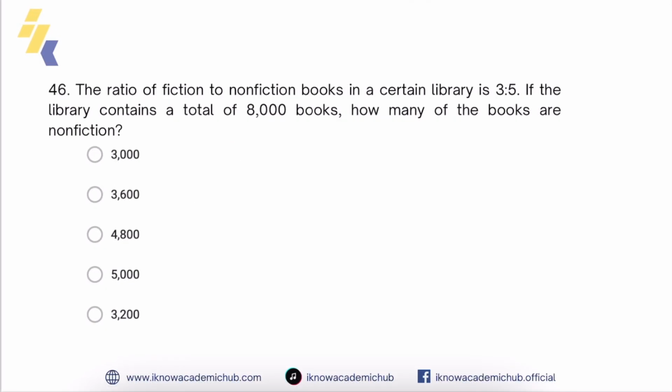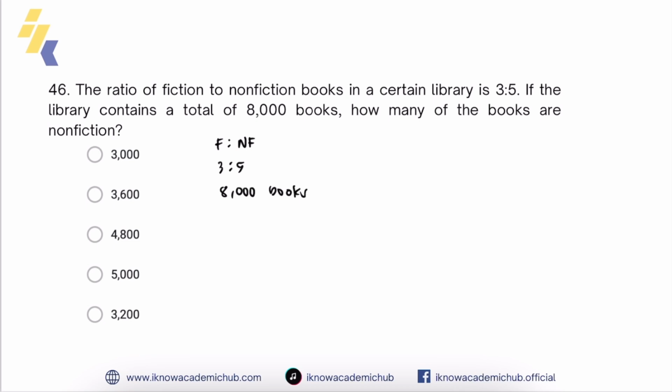We have number 46. The ratio of fiction to non-fiction books in a certain library is 3:5. If the library contains a total of 8,000 books, how many of the books are non-fiction? Here we are given the ratio of the fiction, that is F, to non-fiction, that is 3:5, and we have 8,000 books.